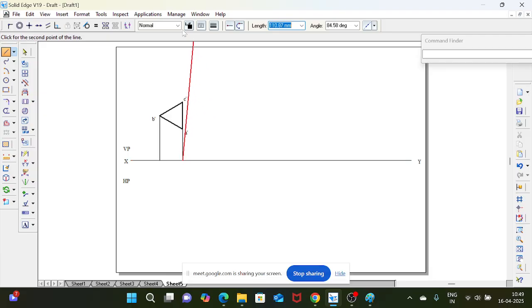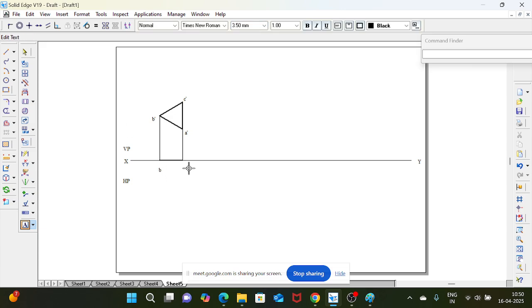Draw this line. Again select the visible line and change the thickness to 1. End of this projection line to end of this projection line is the top view. It is VP resting, so I have taken it on VP with the corner. Equilateral triangle lamina resting on VP with one of its corner. Now do the naming.